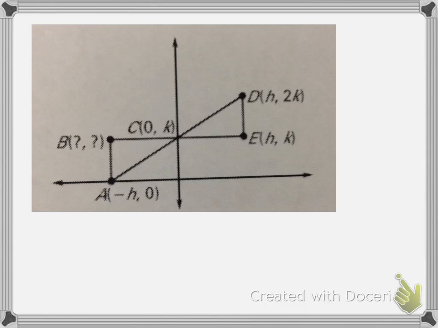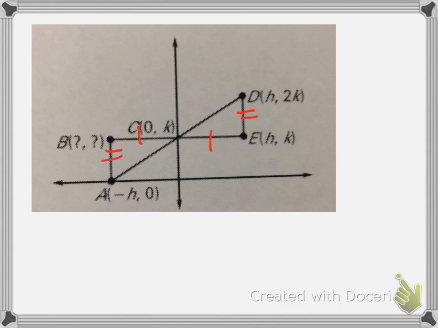Okay, so this second one, let's look at it. So just by looking at it, you can see that this is congruent to that because they both have the k coordinate. Oh, sorry about that. Alright, so basically you know that this one's congruent to this one's congruent to this one.